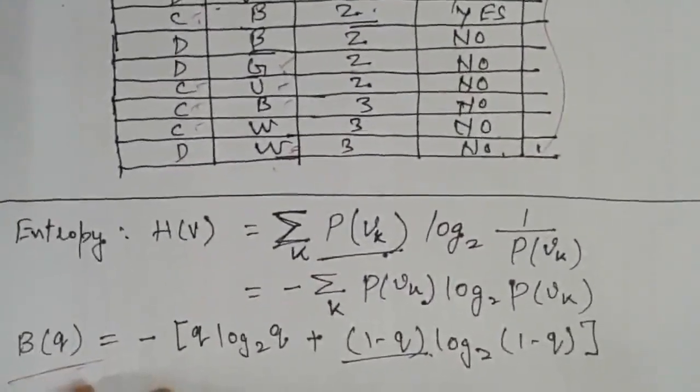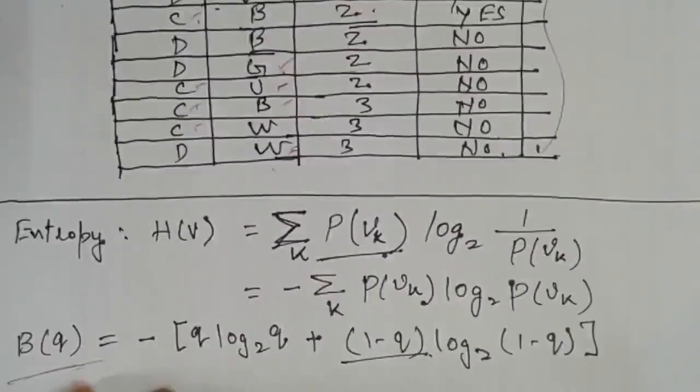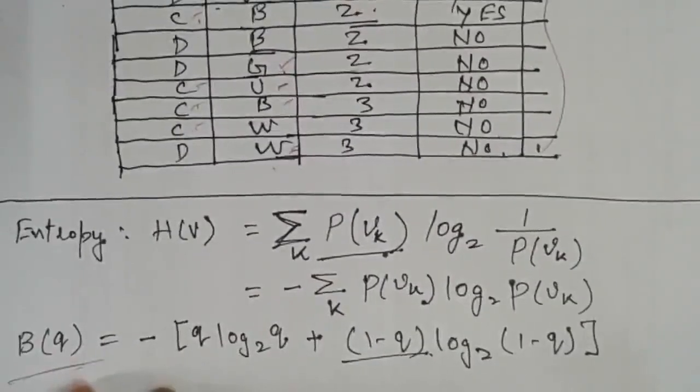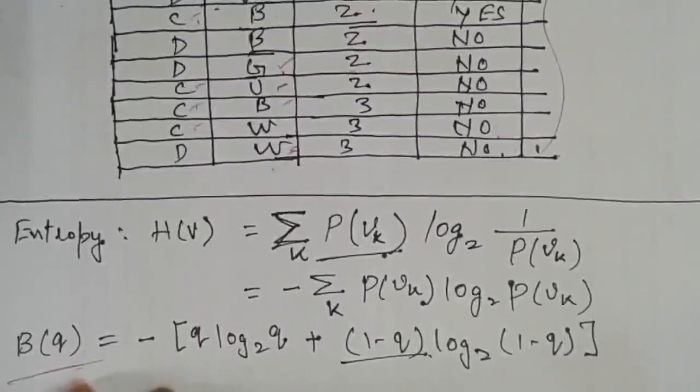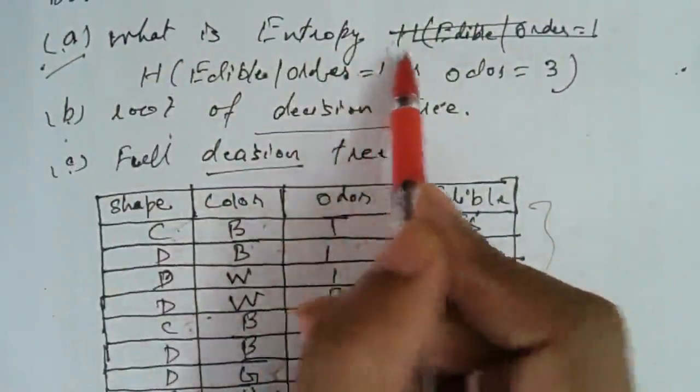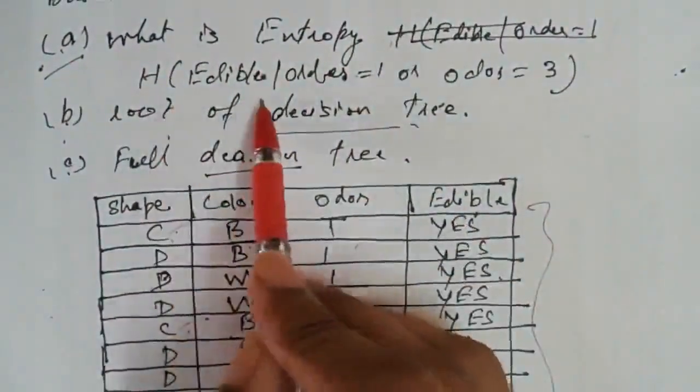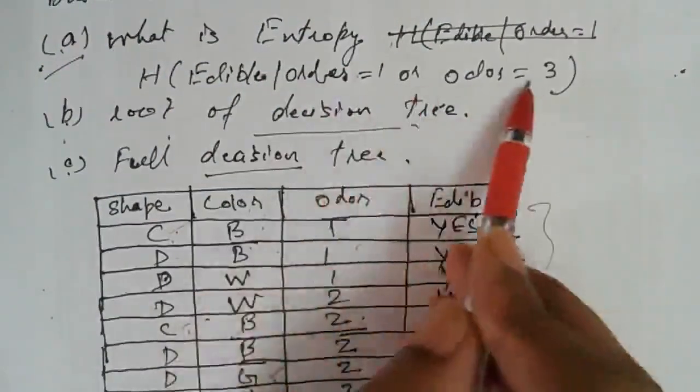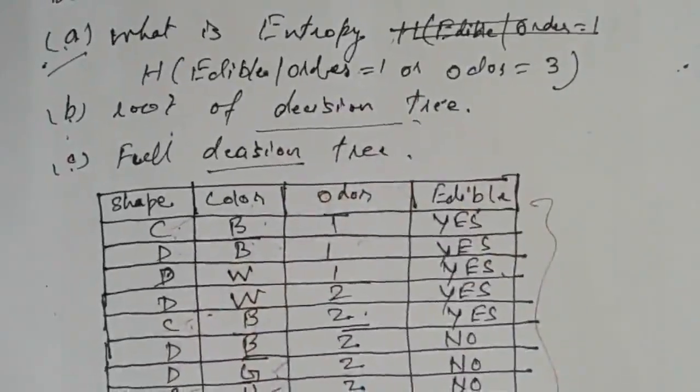So first we have to find, in the decision tree, what is the root of the decision, that is also the first part of the problem. The first part is simply the entropy of H given it is edible, order 1 or order 3.